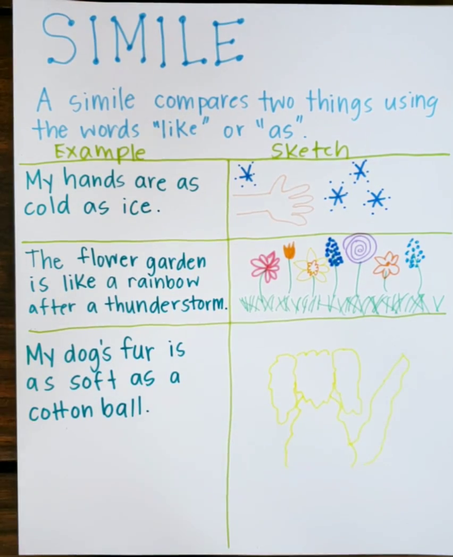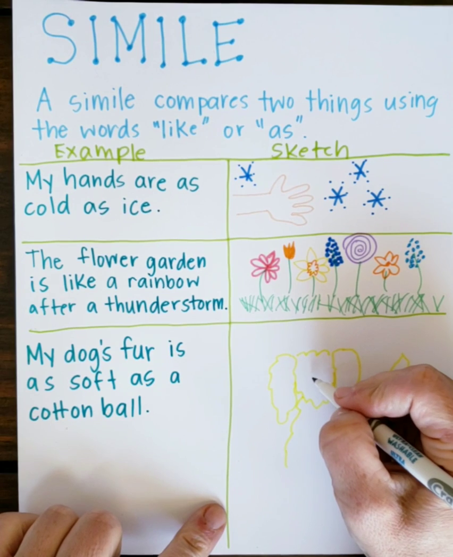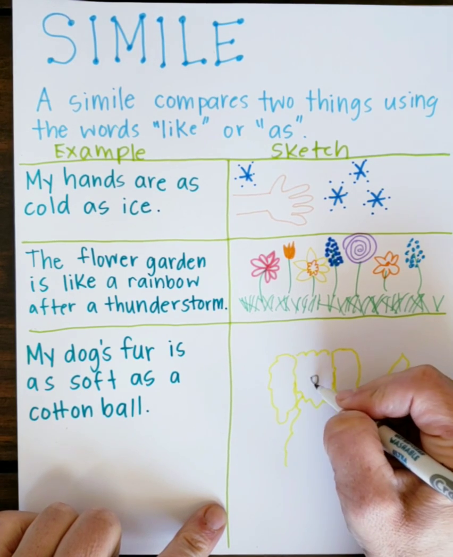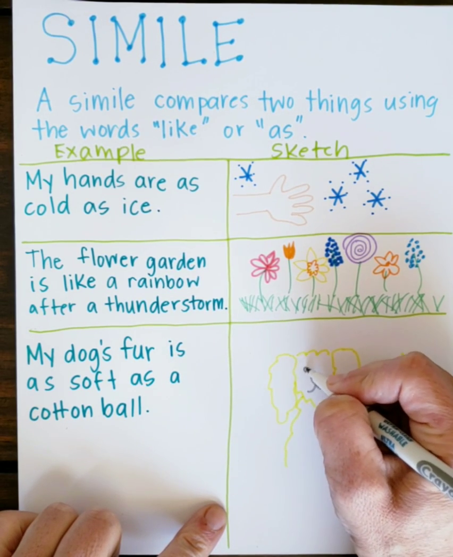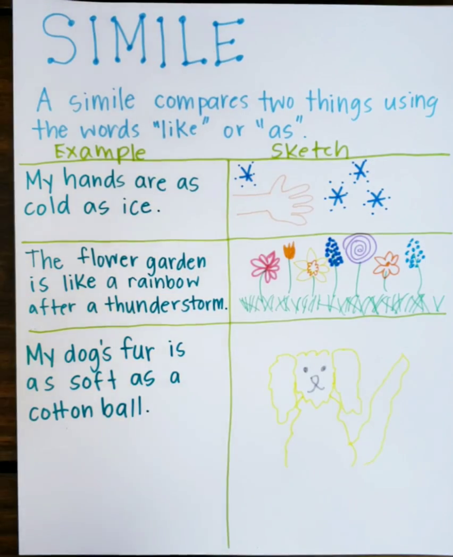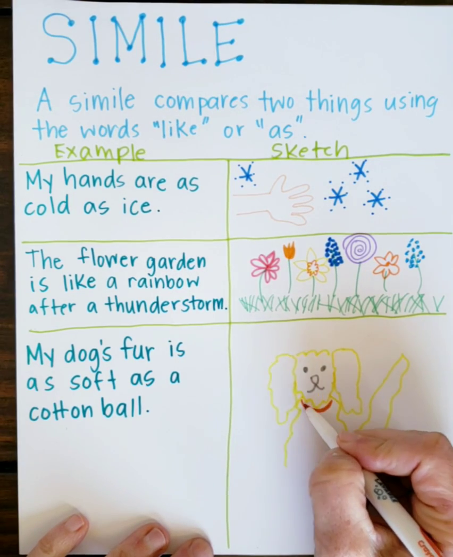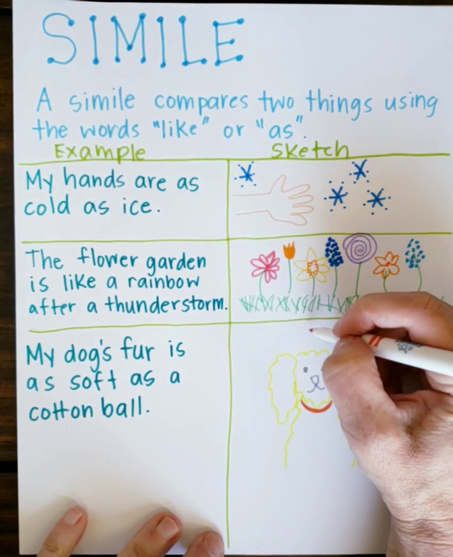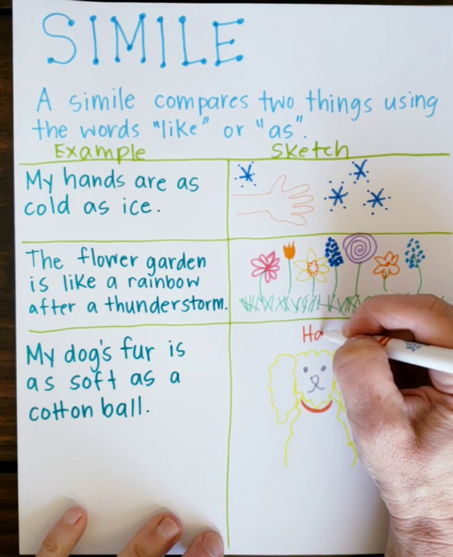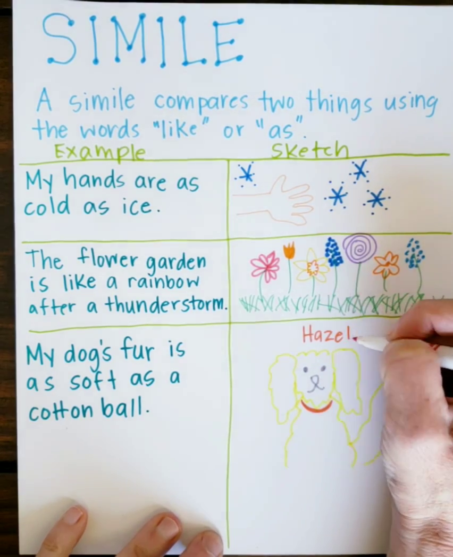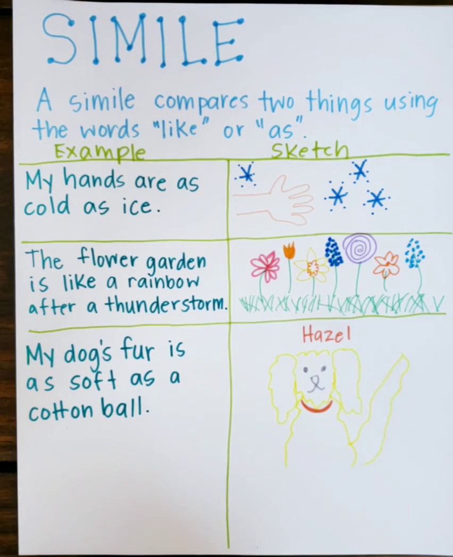Okay, and I'll draw her a little nose and mouth and some eyes. And I'll give her a little red collar. All right, and I'll write out her name. Her name is Hazel.